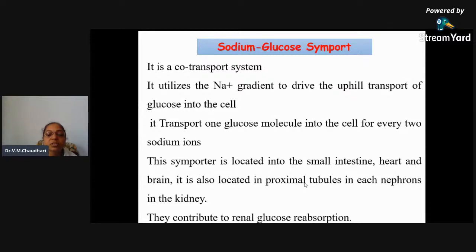Kidney is made up of millions of nephrons, and this nephron consists of the proximal tubules where this sodium glucose symport is located. मग ते काय करतात, they contribute in the renal glucose reabsorption.